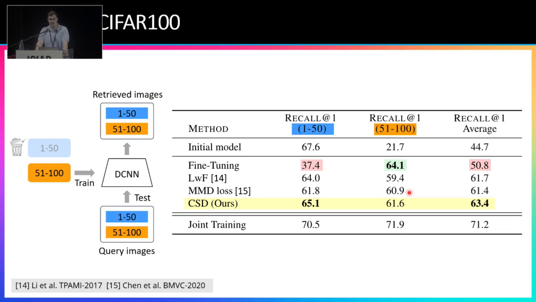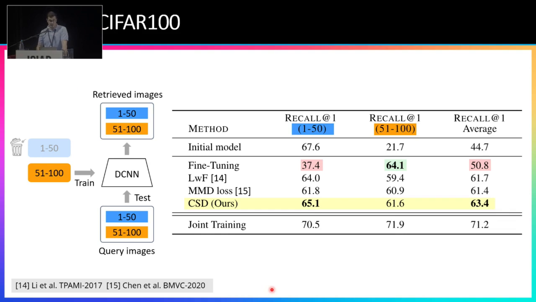This results in our method achieving the highest average recall at 1. In CIFAR, there is a huge gap between the continual representation learning techniques and the joint training, that is the upper bound.